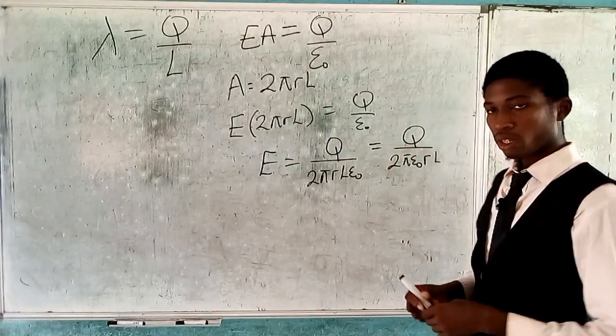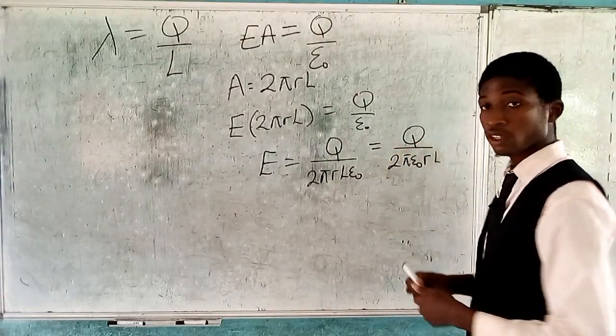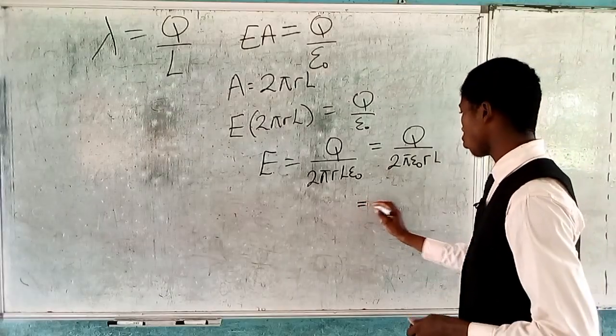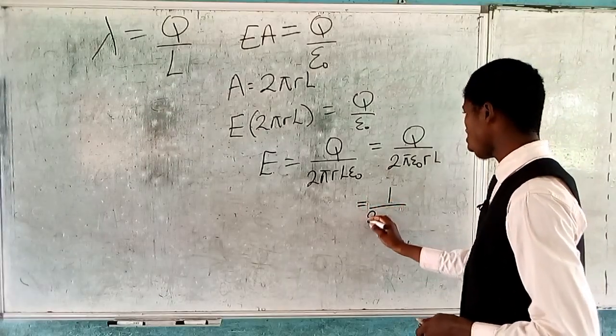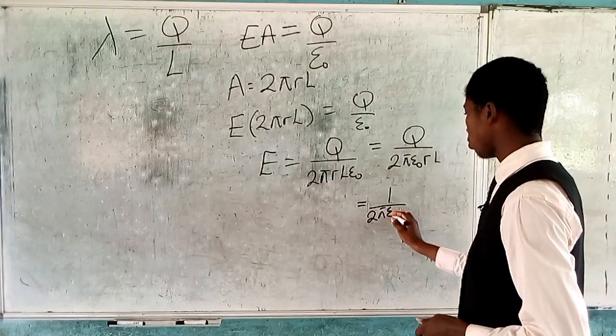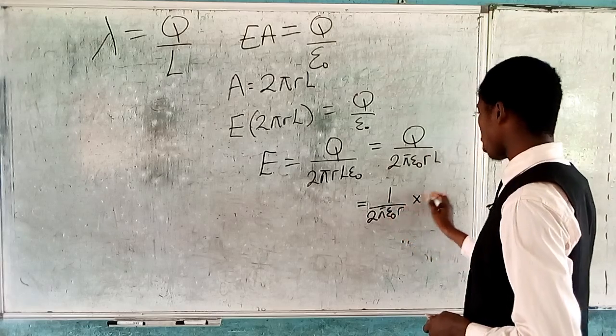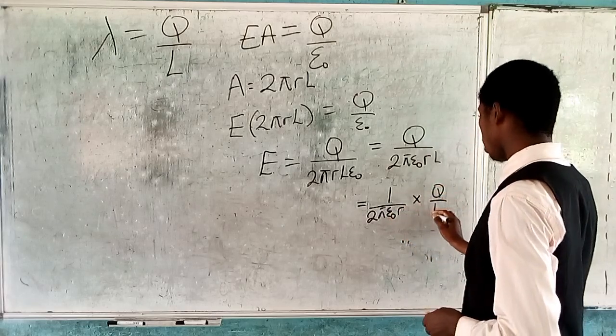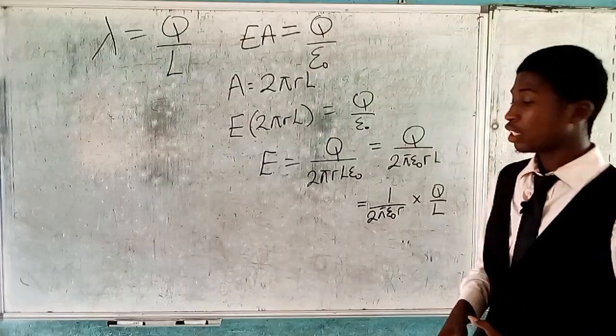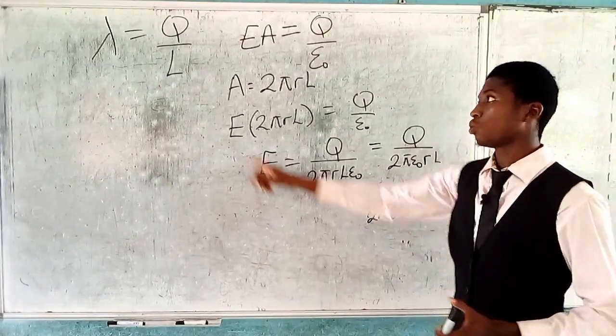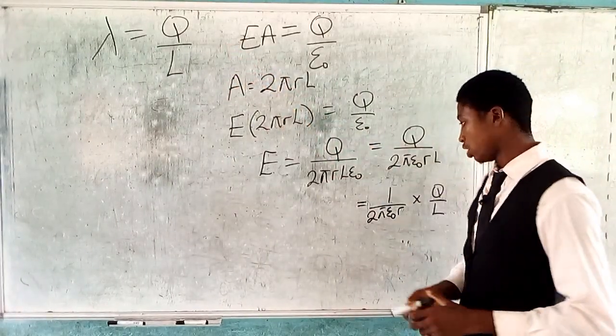Now, you can notice something here. We can separate this fraction to give us 1 over 2 pi epsilon naught R times Q over L. And we all know that charge over length is what? The linear charge density.